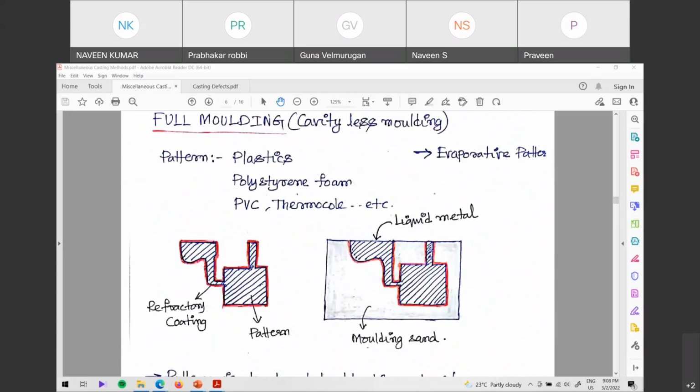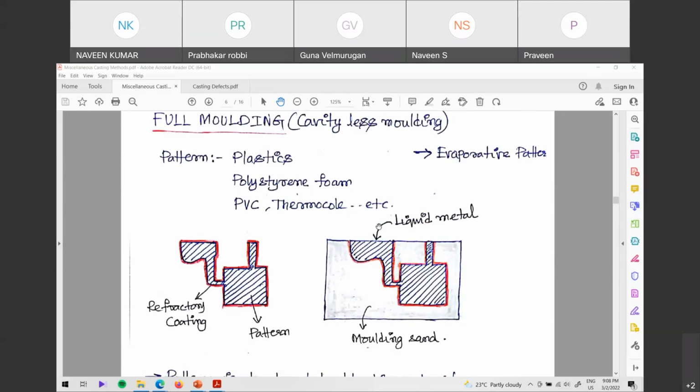Won't indentations form? Why do you feel the indentations are formed? Naveen, you are saying that indentations are formed. Why? Because we are trying to pour here. Slowly it will come here, and we are forming. This is your sprue. Obviously, we will avoid that.